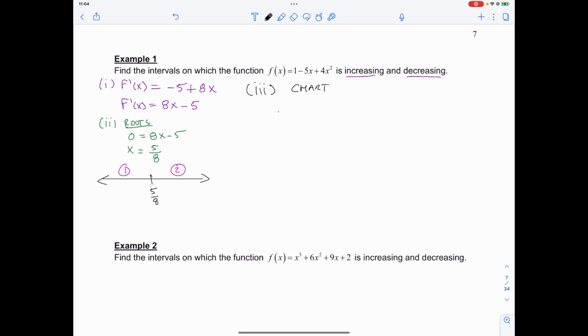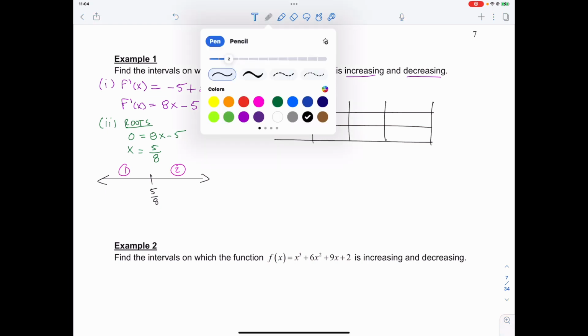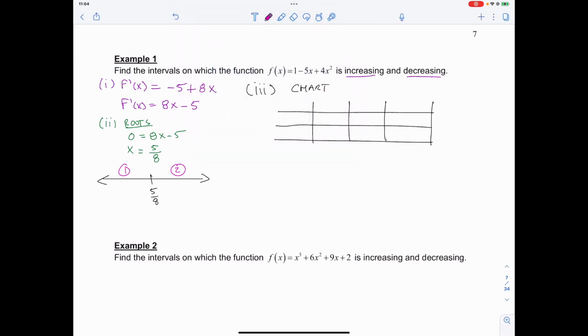We're going to have it based on the 2 intervals, where one of the intervals is when it is less than 5/8, and the second interval is when it's greater than 5/8.